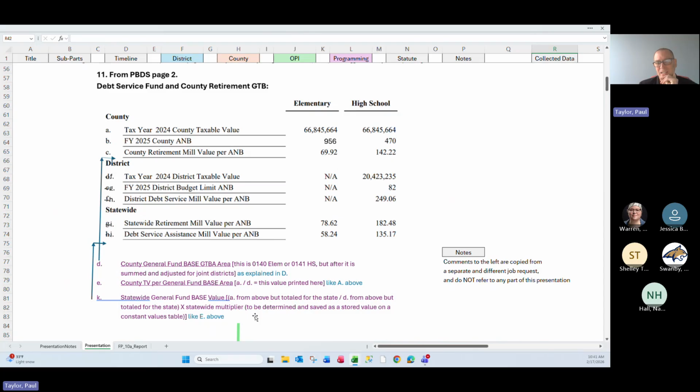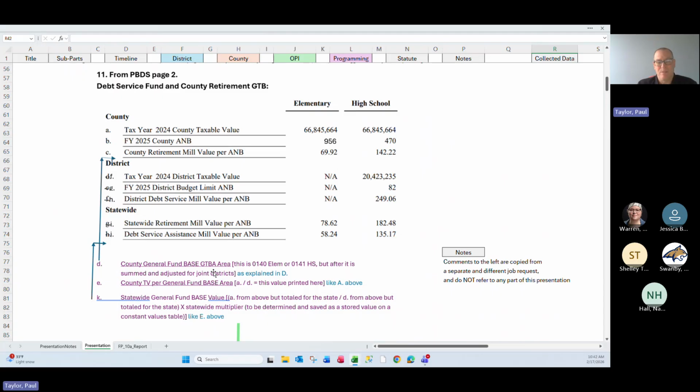This was, I took a screenshot from a different job request that we provided to the programmers, but what the consideration is, we're thinking about re-lettering these and putting D and E in here as this is the GTB area.